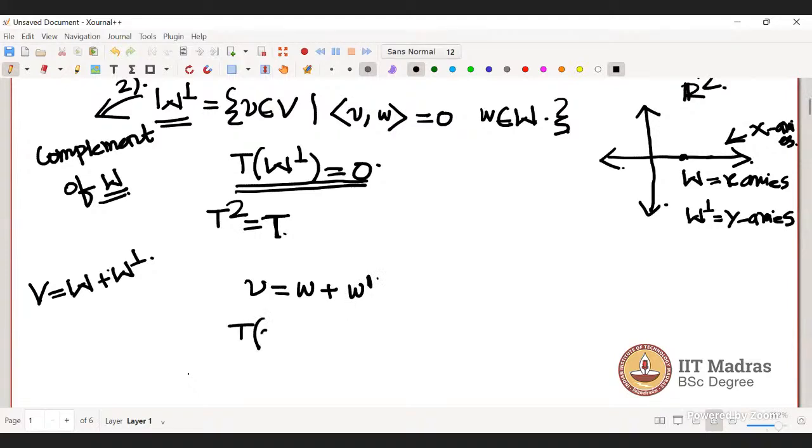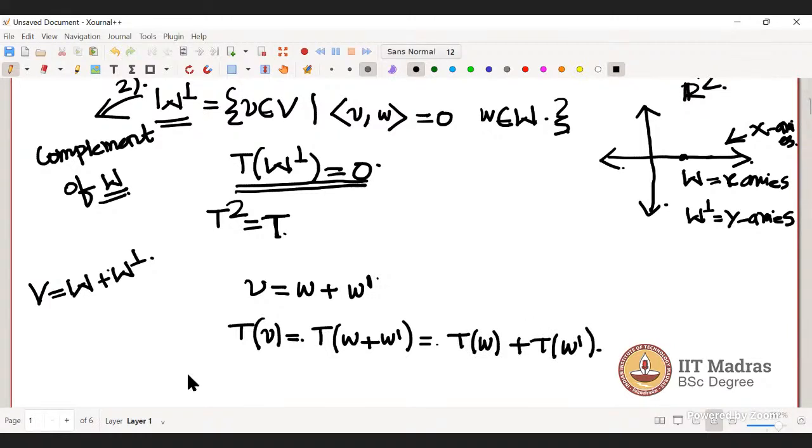So what is T of V? T of V is nothing but T of W plus T of W dash. And I know T of W perp is basically 0, and W dash is an element of W perp. So that means T of W dash is 0. And the first condition says T of W is basically W.